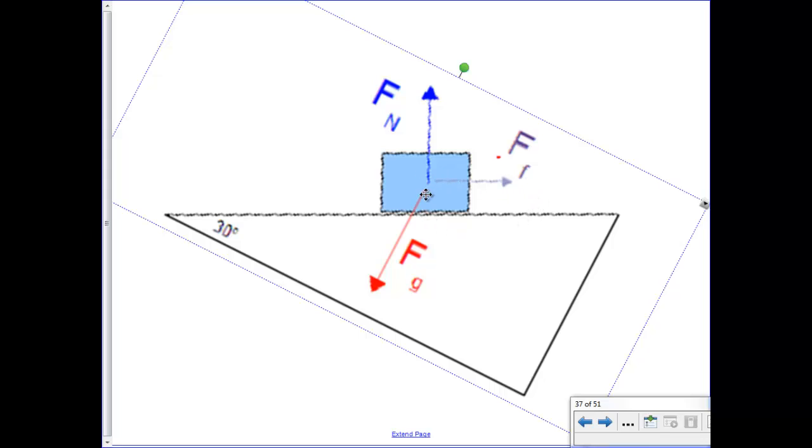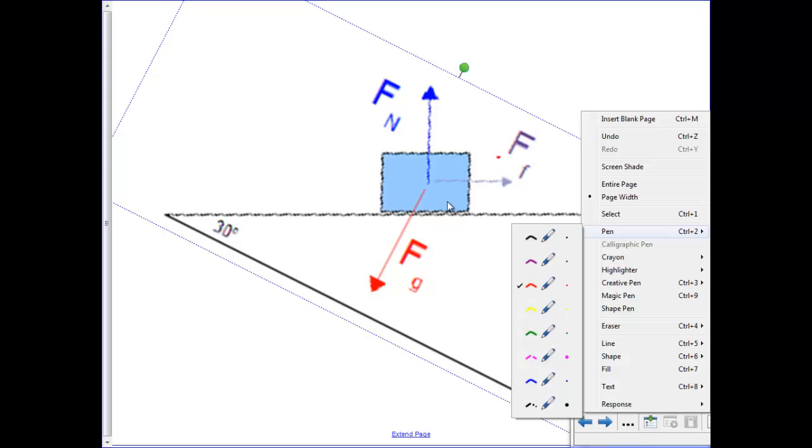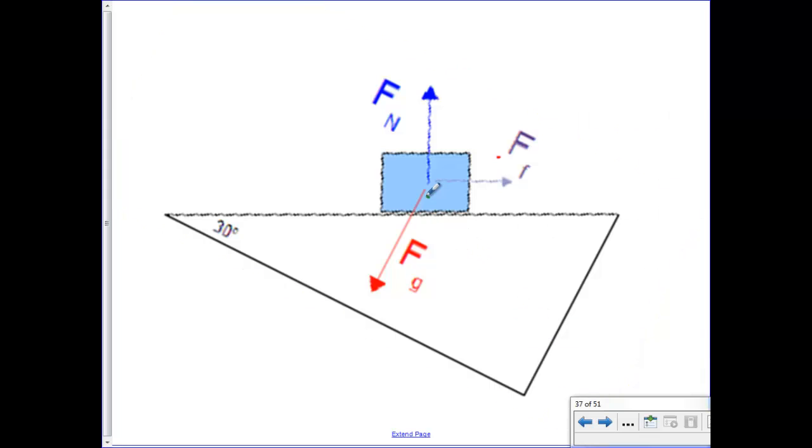Friction is going this way. But gravity is pulling at a bit of an angle. And what we learned the last couple of days is that we could make a triangle out of this, where there is a y component and an x component to it. Does that make sense?